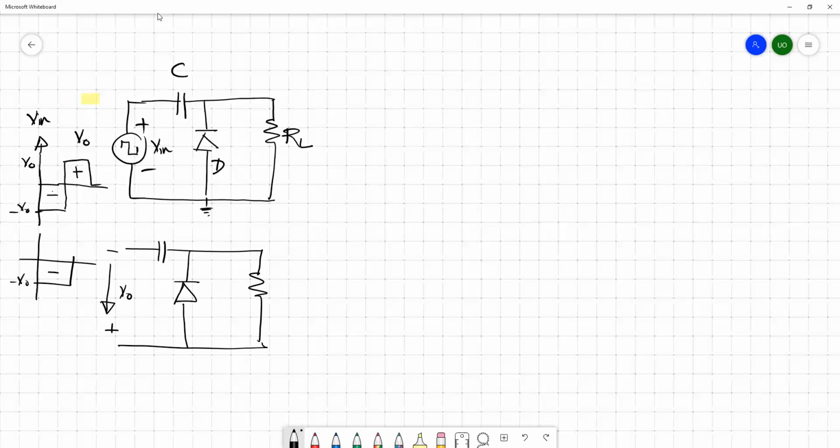This is your input voltage, and these are the polarities of the diode. Now we have a capacitor, a diode, and a resistor.